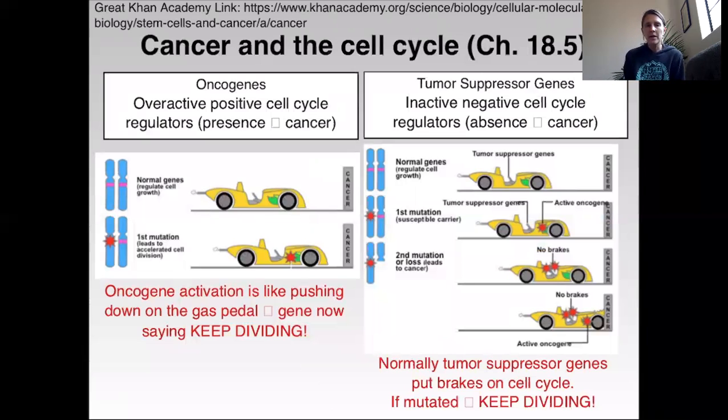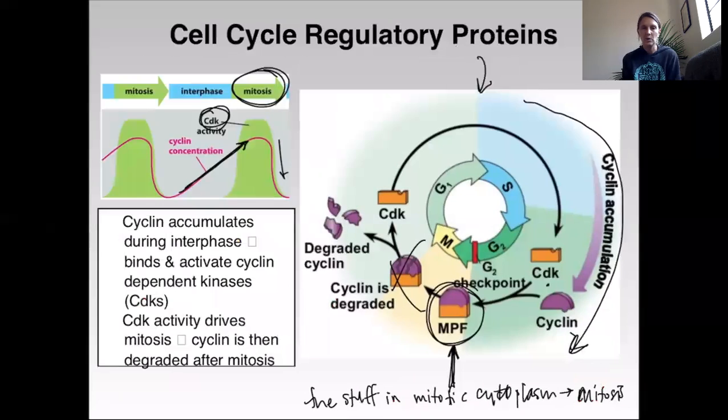All right, and then we're not going to talk too much about this, but I just want to again point out that cancer screws up the cell cycle, right? We will talk about these another time, but there are different ways that you can cause cancer in a cell.